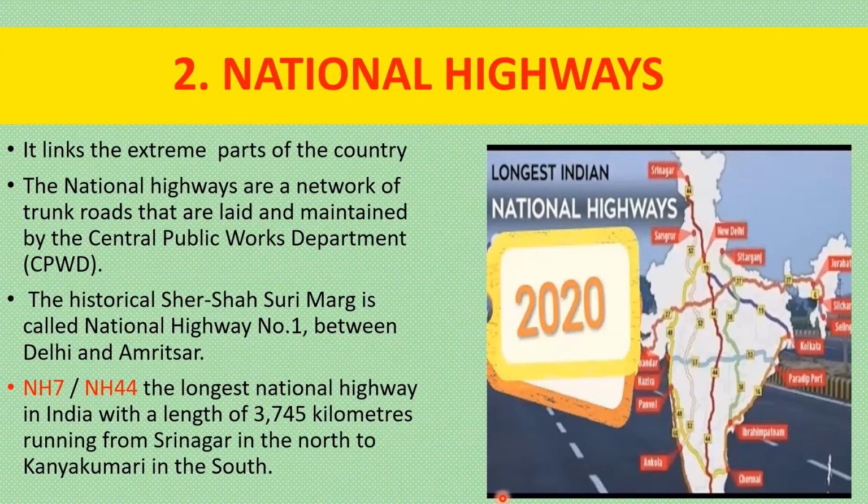The historical Sher Shah Suri Marg is called National Highway number 1, between Delhi and Amritsar. NH7 is the longest national highway in India with a length of 3,745 kilometers, running from Srinagar in the north to Kanyakumari in the south. It's renamed as NH44.